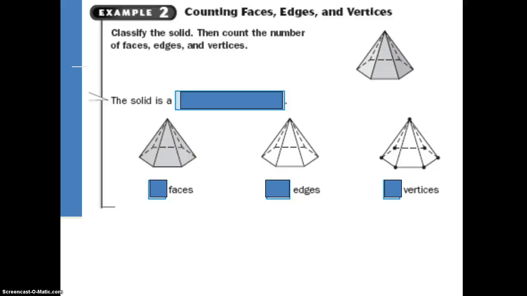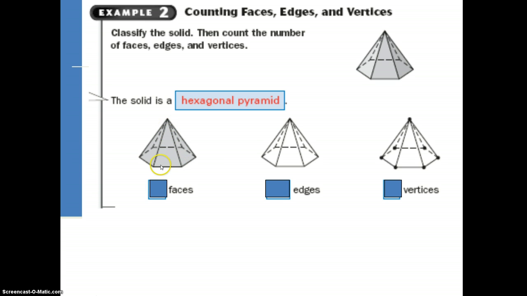Example 2, let's classify the solid, then count the number of faces, edges, and vertices. You can see this is all connected by triangles, so it's some sort of pyramid. The bottom is a hexagon, so I would call it a hexagonal pyramid. The faces are the flat parts of the shape.